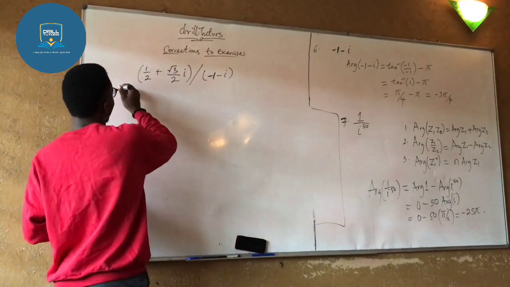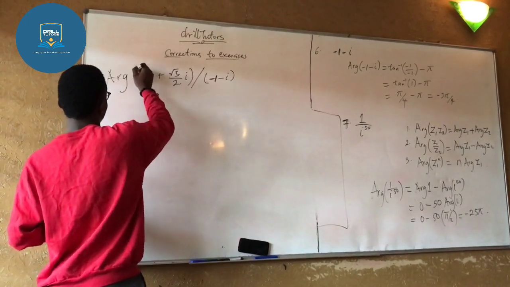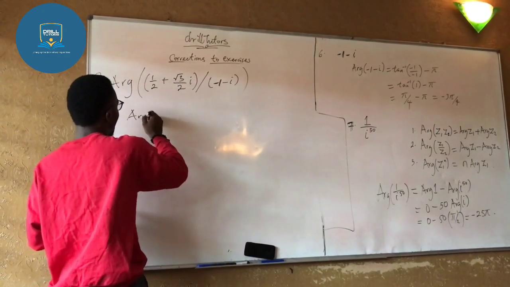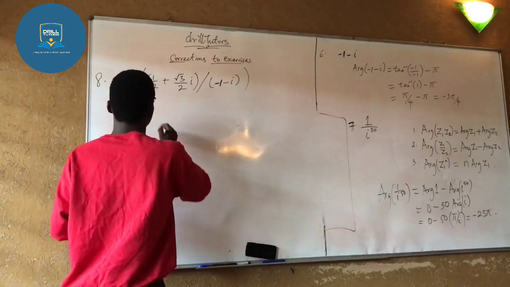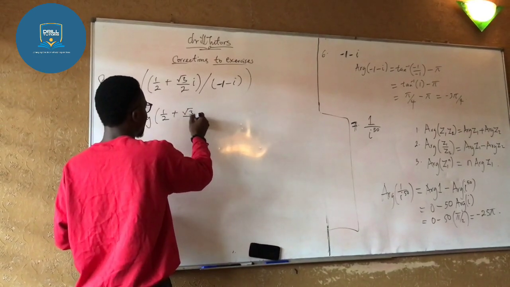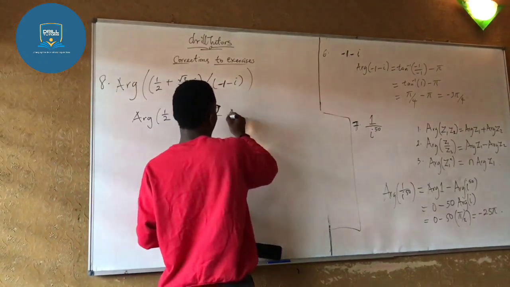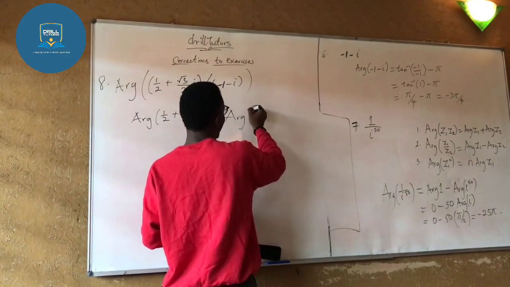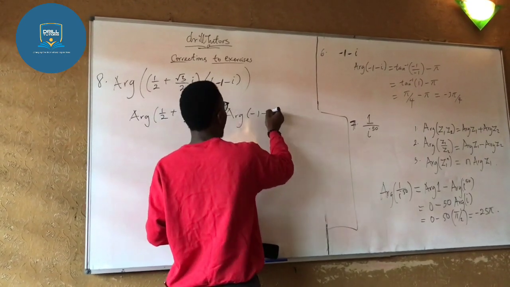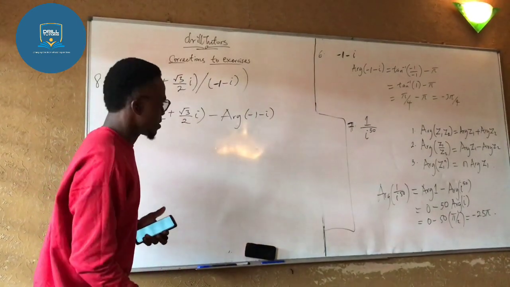Of course, the argument of everything you have here is simply the same thing as the argument of 1 over 2 plus root 3 over 2 i minus the argument of minus 1 minus i, like this. So we have this.